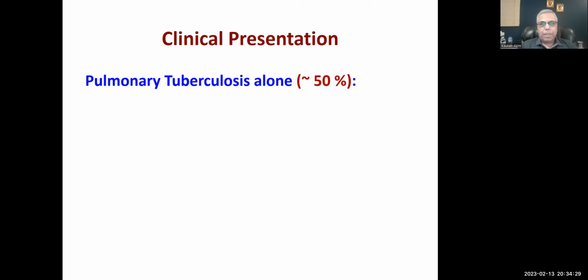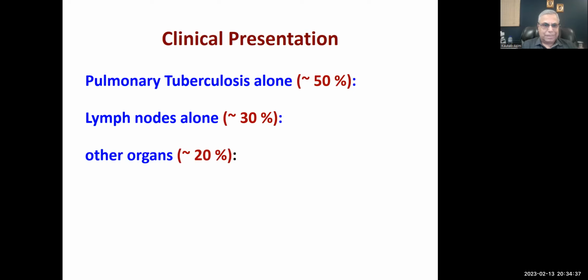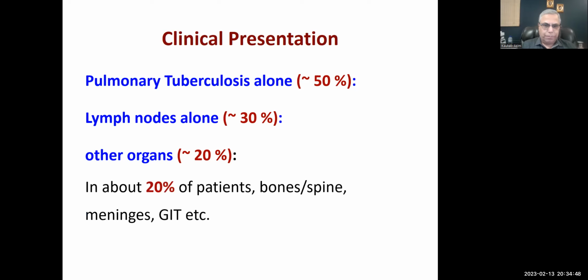Clinical presentation. Pulmonary tuberculosis alone is about 50%, lymph nodes alone 30% of cases, other organs. So these statistics are estimates, and they might not be very accurate. You might find differences from other sources, okay?